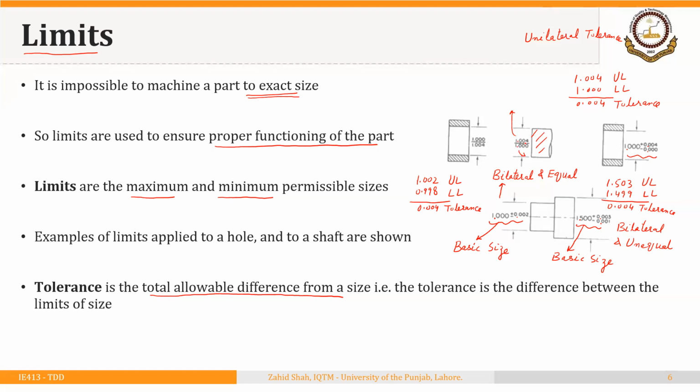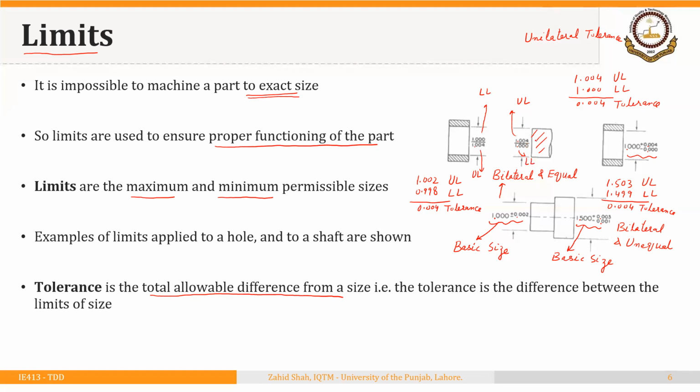So in this case, upper limit is 1.004, the lower limit is 1.000. And there is a horizontal line between the two. In the case of hole, it is just the opposite. So lower limit is shown at the top and upper limit is shown at the bottom. It was opposite in the case of a shaft or any external feature.